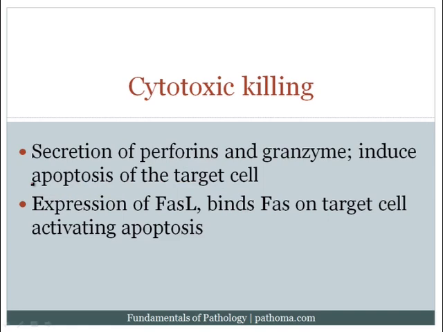Another way by which the CD8 positive T cells kill is that they express something called Fas ligand. Fas ligand has the ability to bind Fas on the target cell, and Fas is an activator of apoptosis. And if you recall, let's do a little circular review. Remember that there are three ways by which we activate the caspases. You remember those?